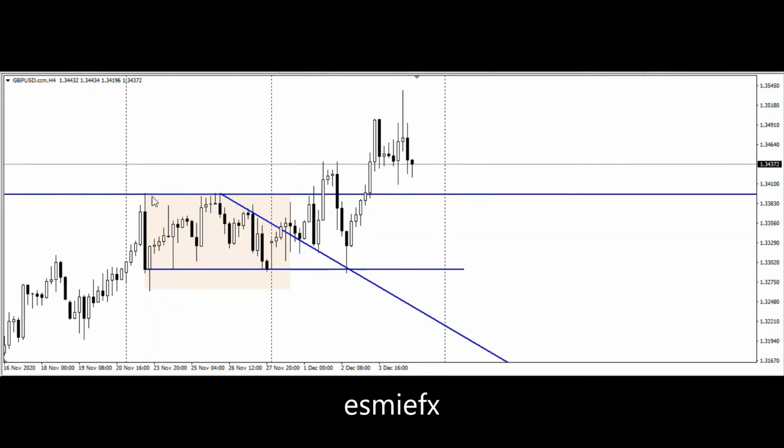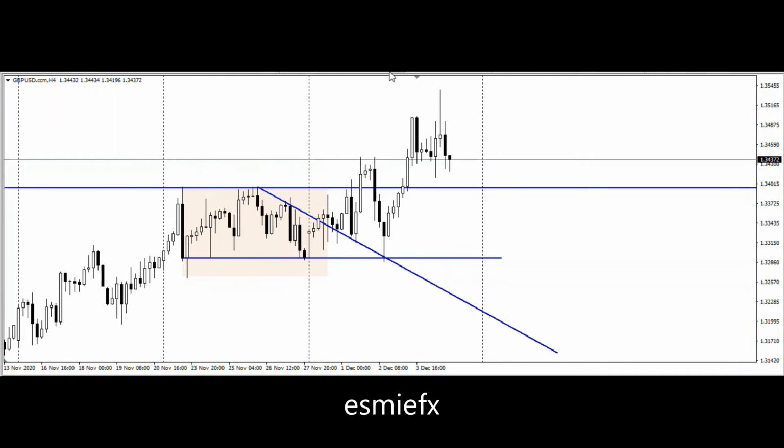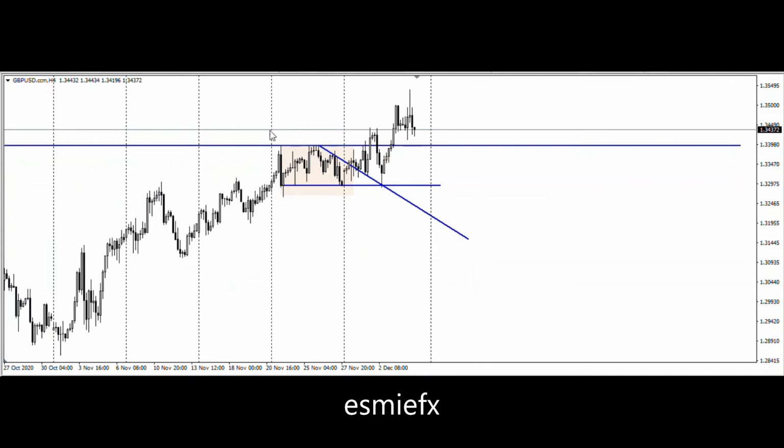I actually forgot to mention about this price trading in a range during my last analysis. So then price moved up and then came back again, retested this support here and moved up from this level. So now I have to redraw this trend line because it's broken out of this range.